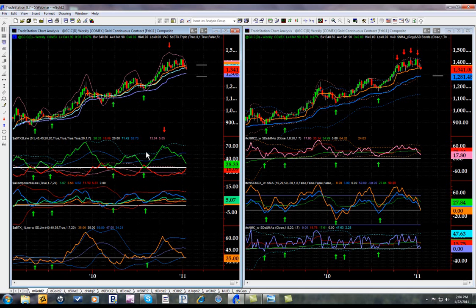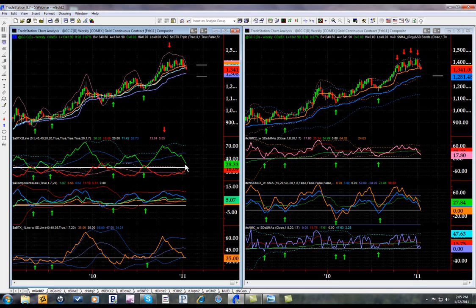Notice here in the BTX2 line that we got a turn down in the energy right here from its upper SD. It then passed through its center moving average and is now pointing straight down. Meanwhile, the bearish energy has moved up through its center moving average and is pointing up.